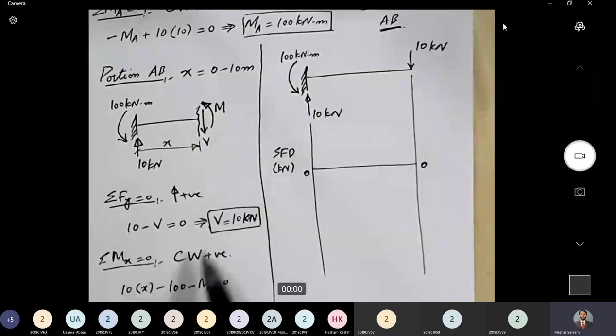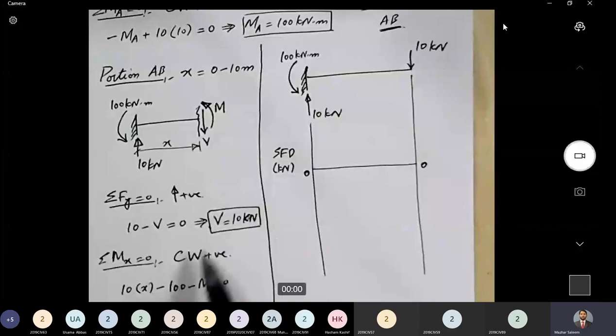Next is the bending moment diagram. 0 line. We are plotting BMD, and our units are kilonewton meter. Now, how much is the value of bending moment at point A? At point A, it is minus 100, and at point B equal to 0.